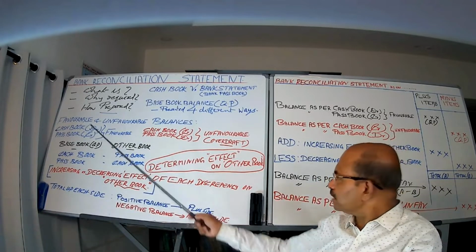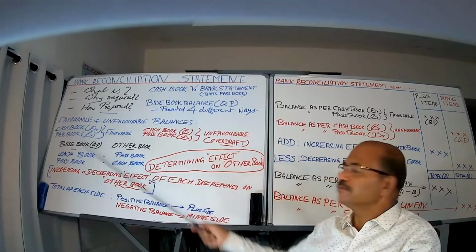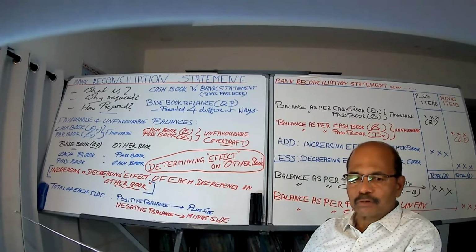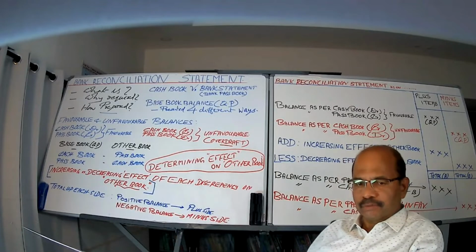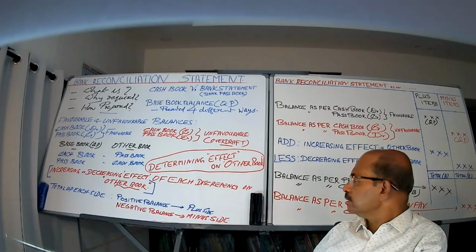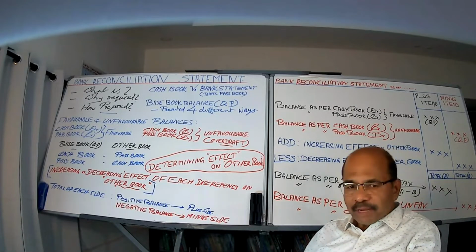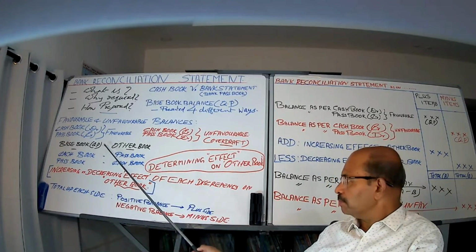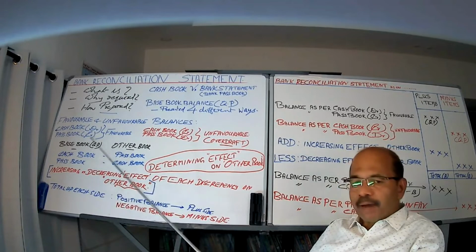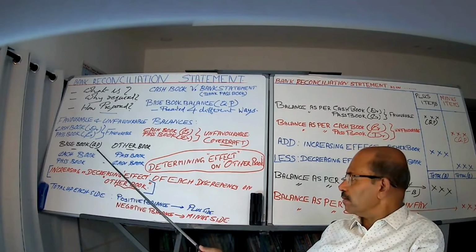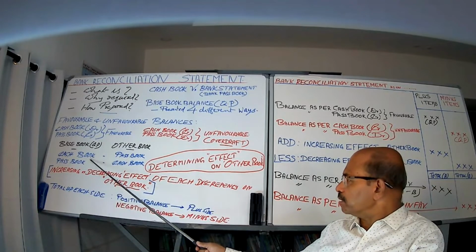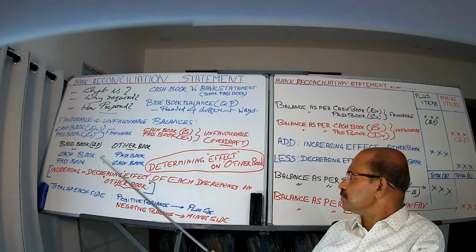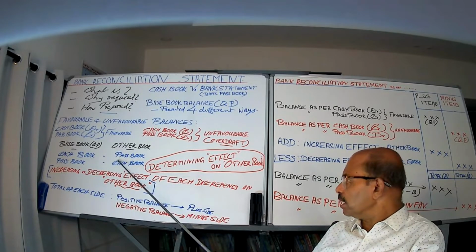Basically remember this one: cash book debit is favorable, then crisscross we can infer the rest. Okay, fine. So what's a base book? The base book is the balance given in the question paper. If the base book balance is the cash book, your task is to find out the passbook balance, and vice versa.